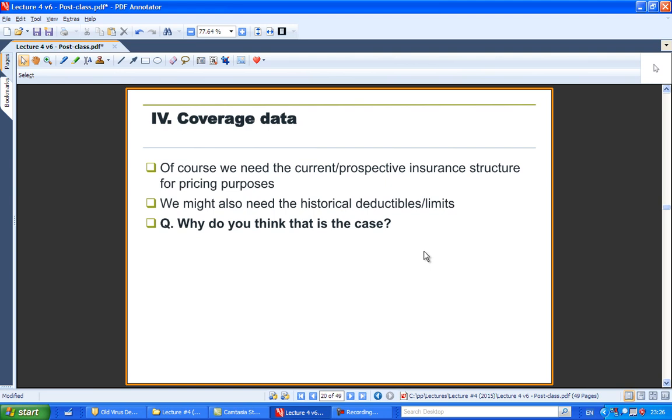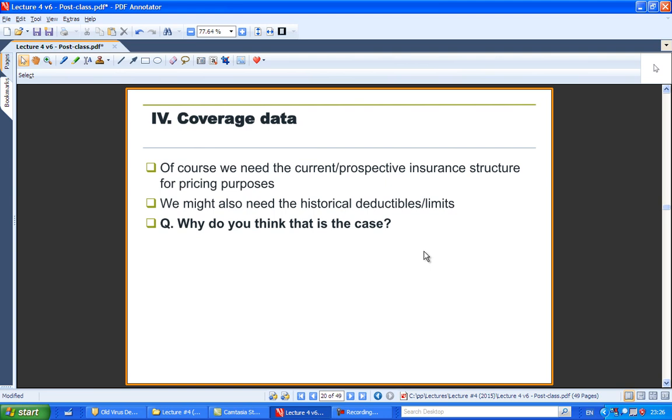What I would like especially to emphasize is that, of course, we know in order to price our policy, we need to know what the structure is. We have seen it from lesson 1. So we need the current and the prospective insurance structure, the limit, deductible, the annual deductible, all this information for the policy that we are going to write.